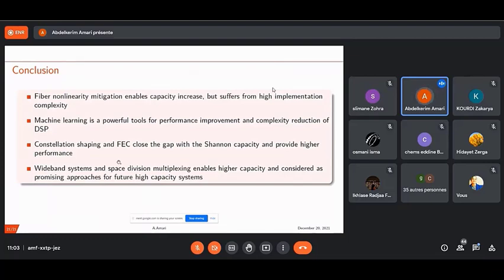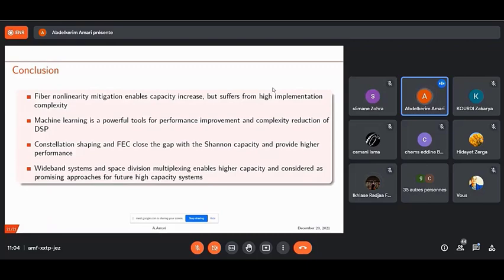For constellation shaping and FEC, they can close the gap with the channel capacity and then provide high performance. FECs are a standard and fundamental technique for all kinds of communication systems. And constellation shaping or probabilistic shaping recently also became a commercial product with the Infinera 800G ICE6.